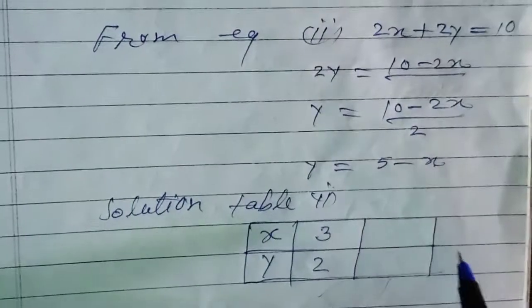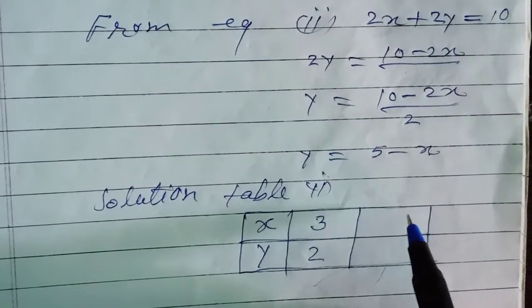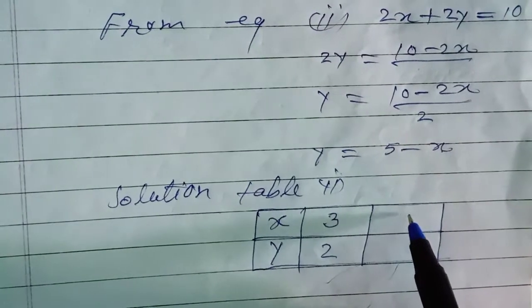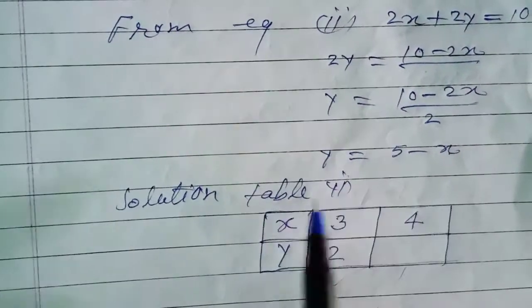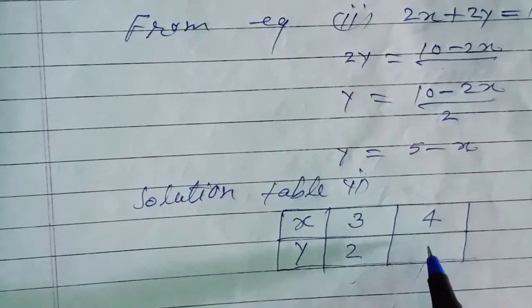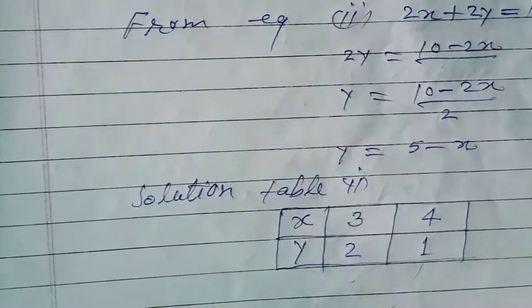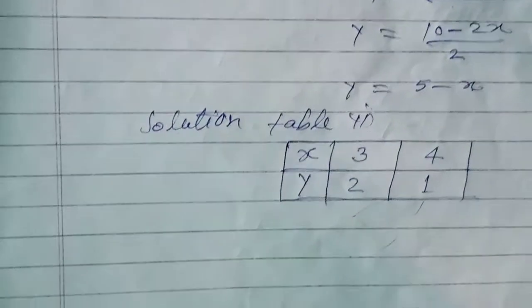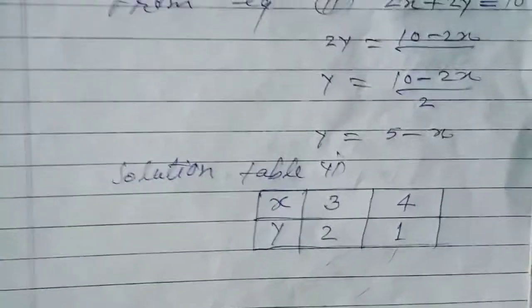If x is equal to 4, then y is equal to 5 minus 4, 1. Now let us represent these values on the graph and draw the graph. Plot.